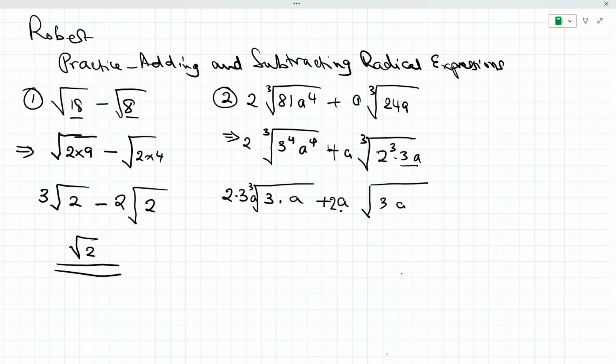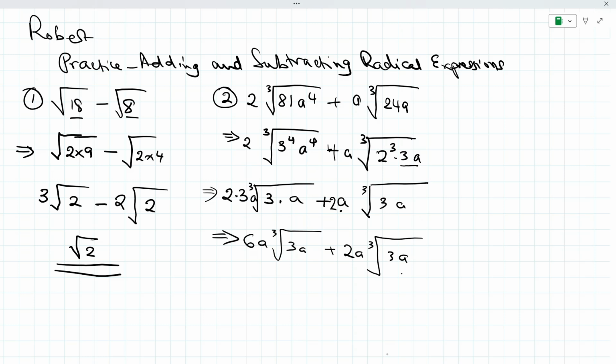So finally, we can simplify the two parts. Here we have 6a cube root of 3a plus 2a cube root of 3a.